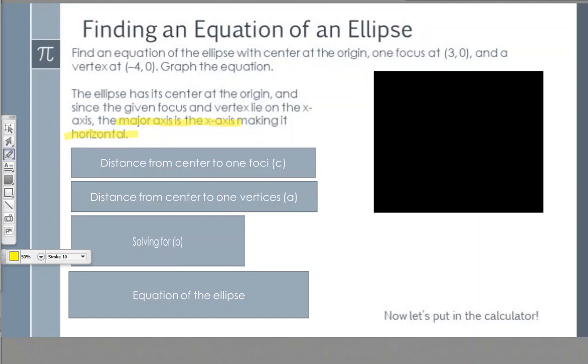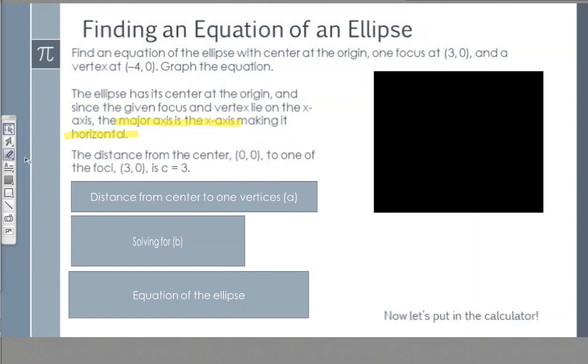All right, next, let's look at the distance from the center to one focus, which is your C value. You don't need the graph to do this. The center is (0, 0), and they gave us one focus at (3, 0).